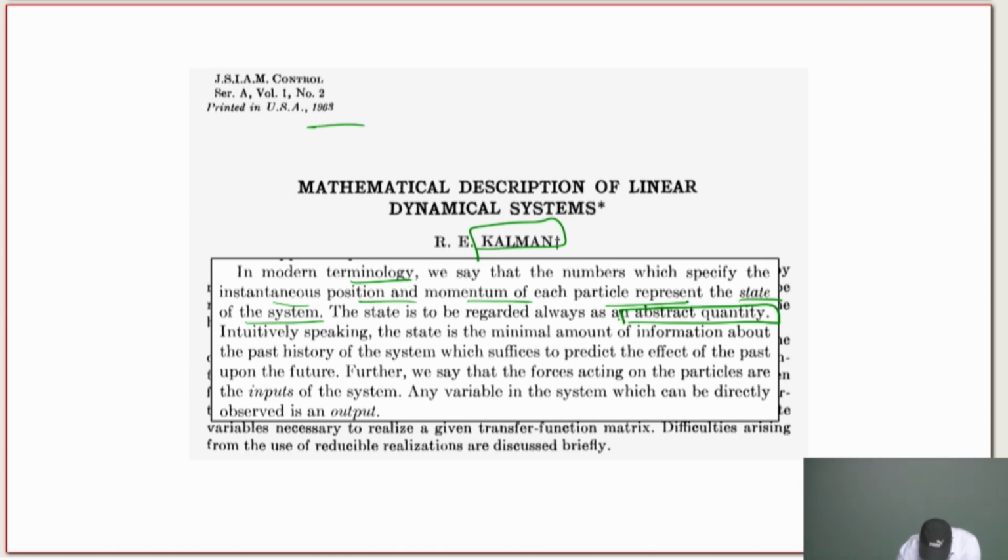Okay. So intuitively speaking, the state is the minimal amount of information about the past history of the system which suffices to predict the effect of the past upon the future. So as you can see, this definition is now very general. Okay, it is the minimal amount of information that you need currently to decide about the future.